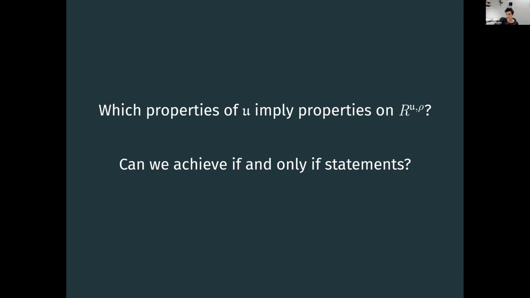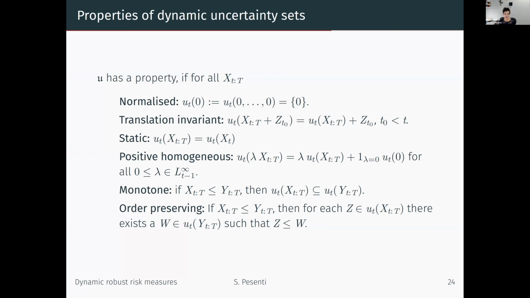And can I do some if and only if statements? This will give me some information about how I should suitably construct an uncertainty set. So here we propose some definitions of properties of uncertainty sets, and the purpose is that the names are the same as the properties of the risk measure.